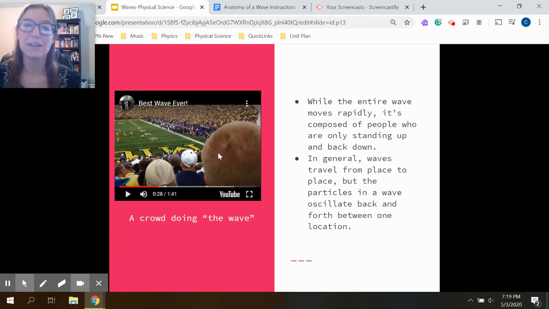All right. So even though that wave was able to travel the entire length of that stadium, every person only did one thing, right? They stood up and they sat back down. So all waves work that same way. Even though they move from place to place, it's really just about something going up or back down, everything going one at a time.